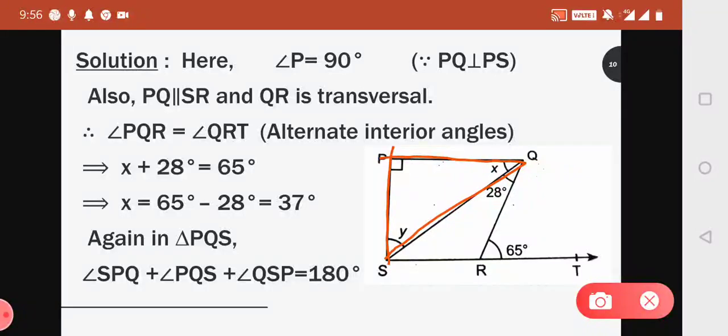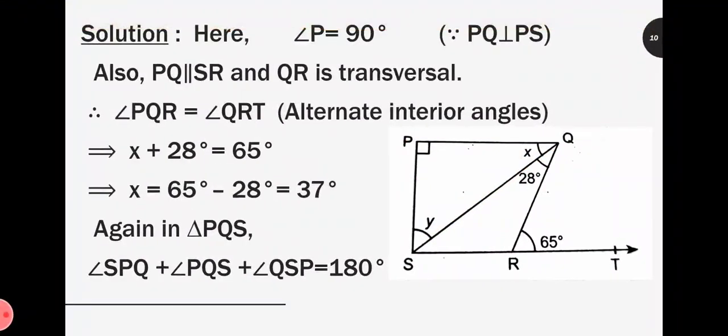So according to angle sum property, this angle plus this angle that is given as y plus this angle that is given as x, when we add these three angles it will be equal to 180 degree according to angle sum property. So we write angle SPQ plus angle PQS plus angle QSP equal to 180 degree.